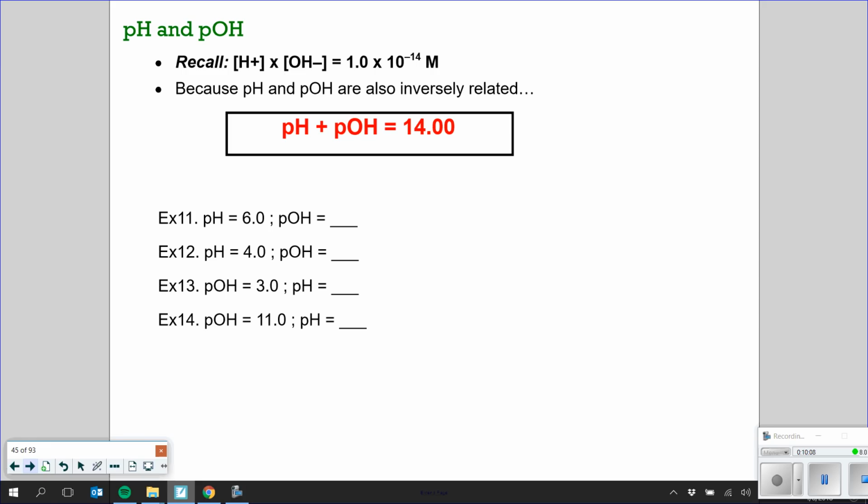If you recall from earlier in the video, my hydrogen concentration times my hydroxide concentration equaled 1.0 times 10 to the negative 14th. Because pH and pOH are also inversely related, we can say that pH plus pOH is going to be equal to 14.00. So for example, if I've got a pH of 6 and I subtract that from 14, my pOH is going to be 8.0.